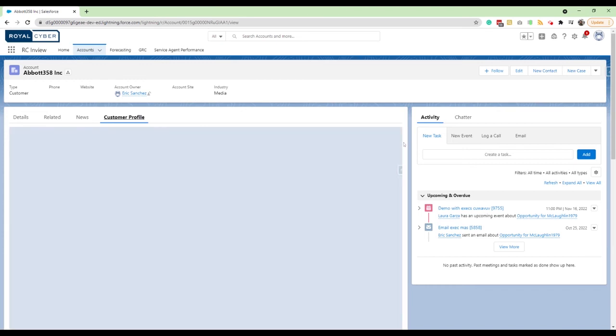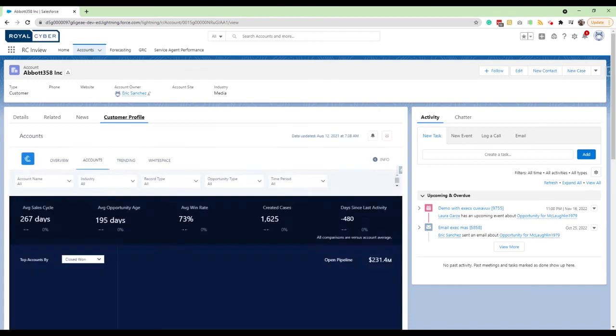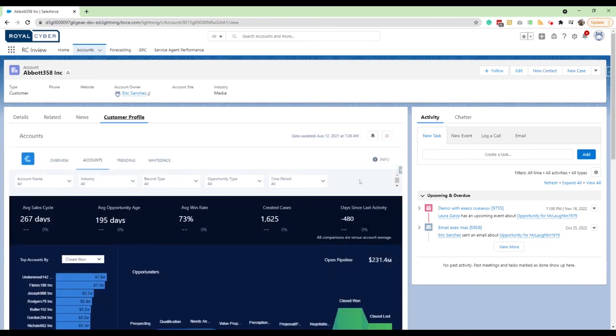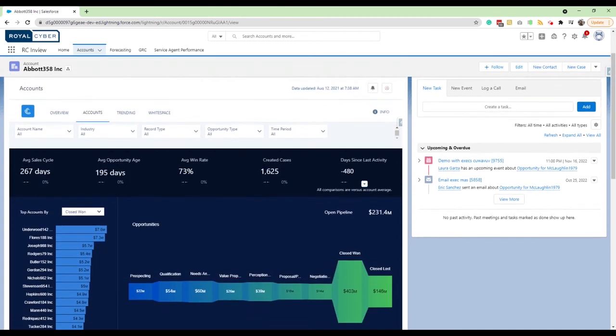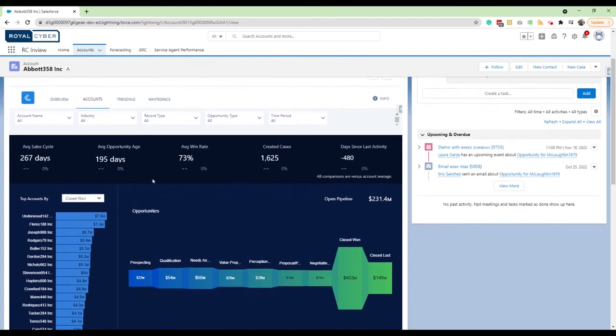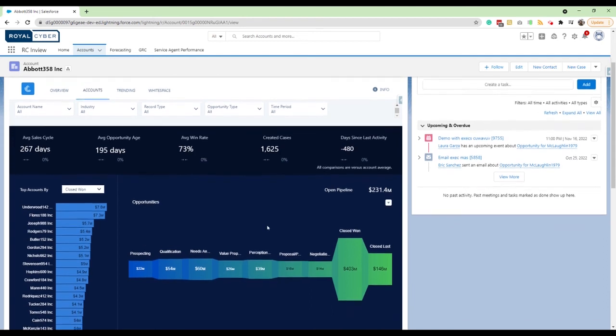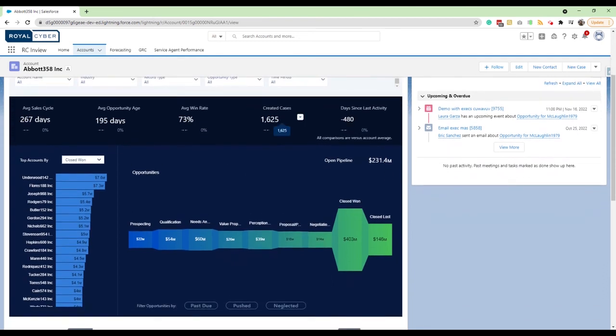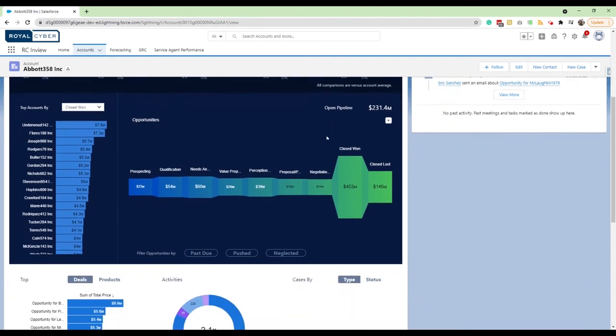Basically it's the same data that I had shown earlier: the opportunities, age, what's the average win rate, how many cases were raised for this customer, how many got closed. So, what's in the pipeline, what's the value in pipeline.